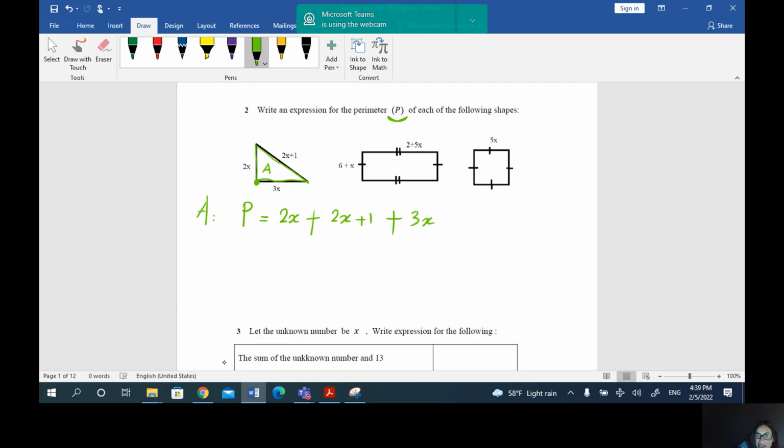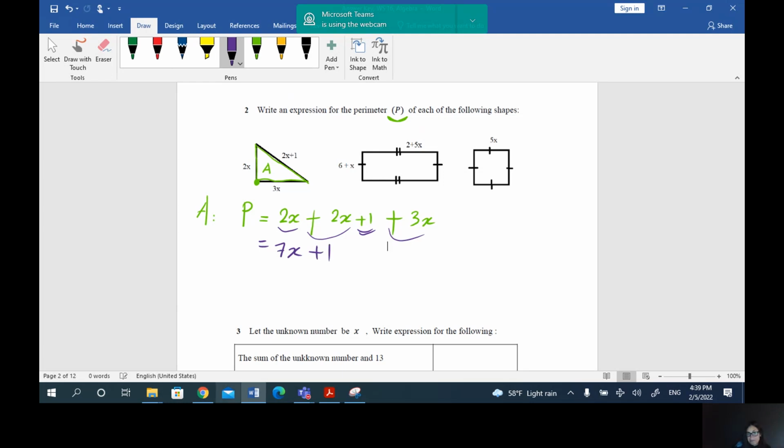Once we write it here, we must simplify it. 2x is a like term to plus 2x. So 2 plus 2 is 4, and they're like terms to 3x. So 4 plus 3 is 7x, and this one is left on its own, so plus 1.